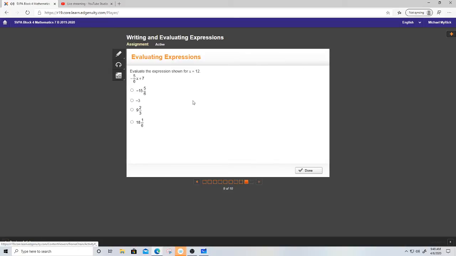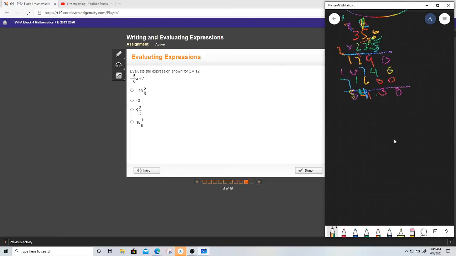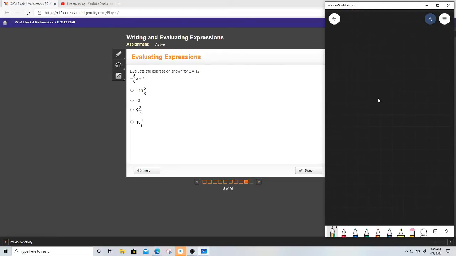Can you evaluate this expression for each of the given x values? All right. Again, and you know what? I think they did this on purpose so they knew they would want me as master of mathematics to teach you that trick today. Right? Because what do they want? Evaluate for x equals 12, right? So negative 5 over 6 times 12 plus 7 equals something.